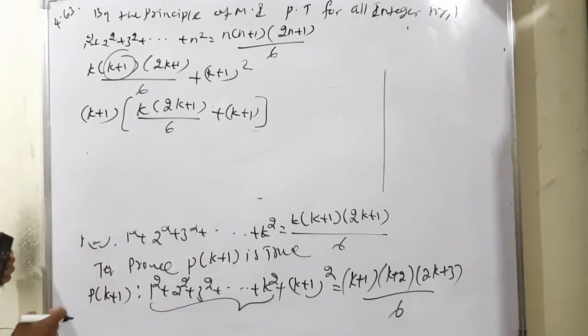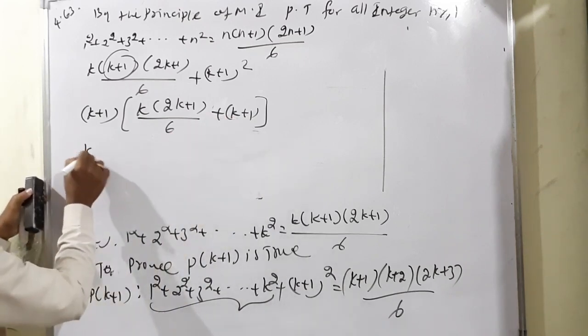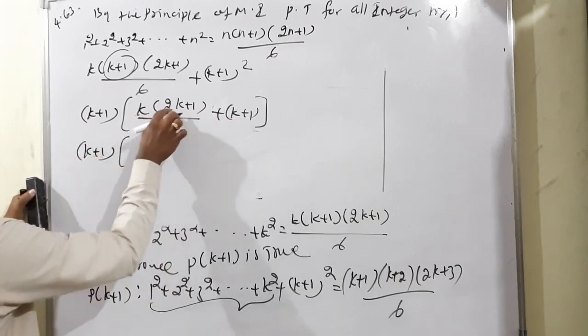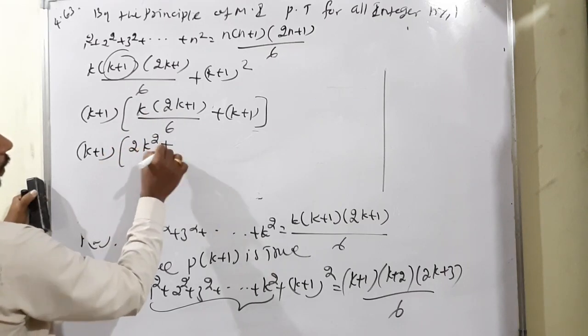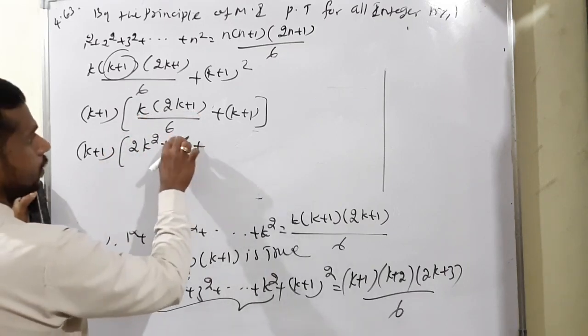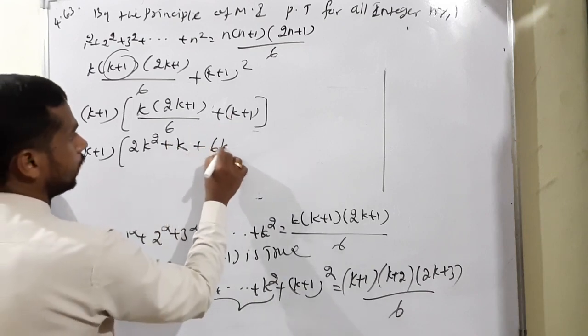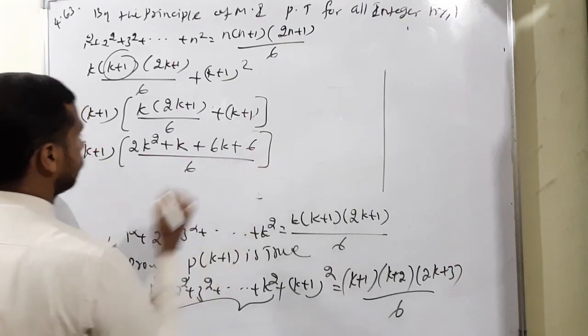Now cross multiply: k plus 1 into, removing the bracket, 2k into k is 2k square, then plus k into 1 is k, then cross multiply 6 into k is 6k, plus 1 into 6 is 6, the whole term divided by 6.